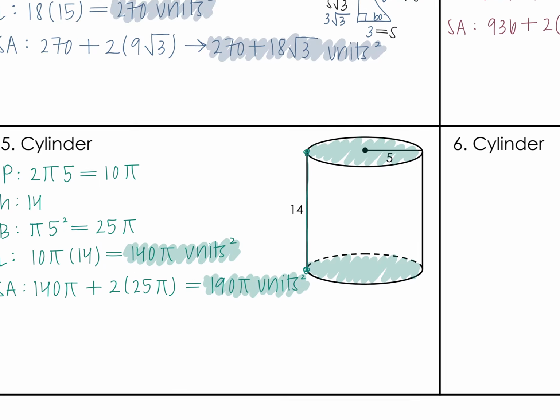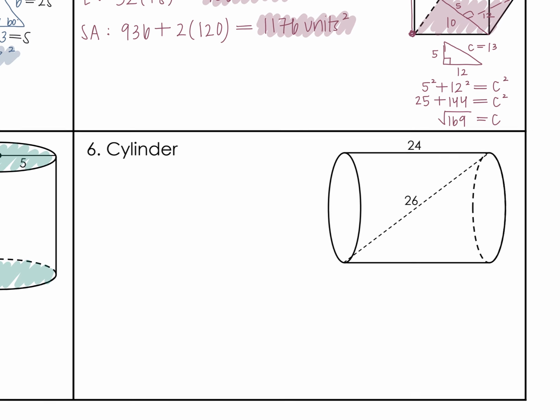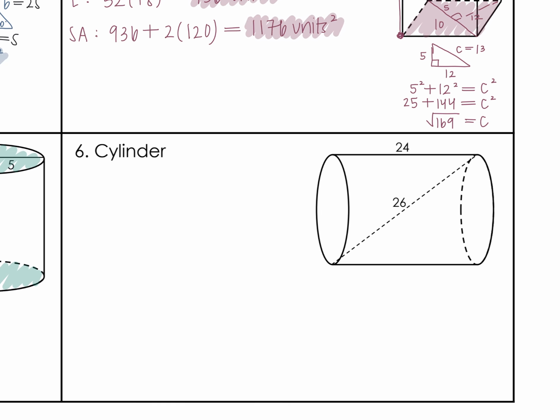All right, last one on the front side. We have another cylinder problem here. So starting off by highlighting our bases. Well, in the process of highlighting them, I'll notice that I'm not given a radius or a diameter for them.